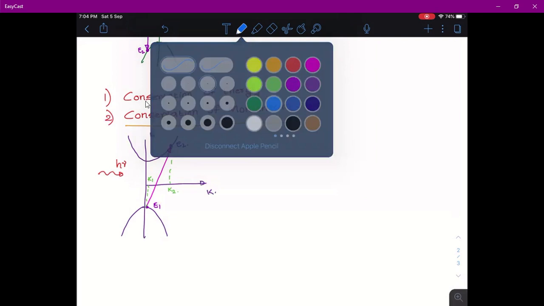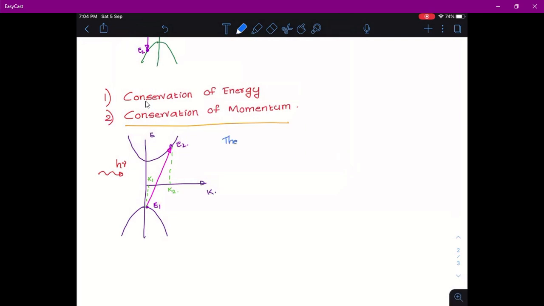So the momentum of the electron before transition is K1. The momentum of the electron after transition is K2.